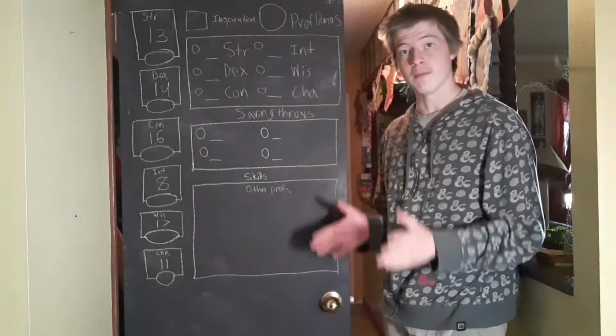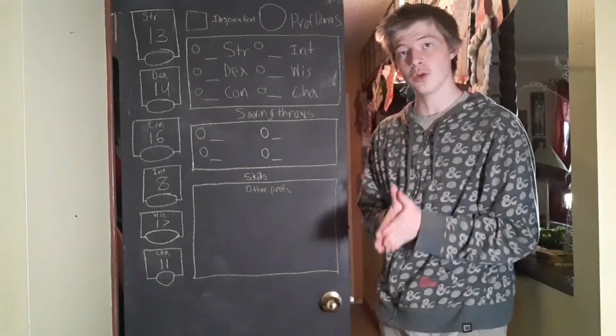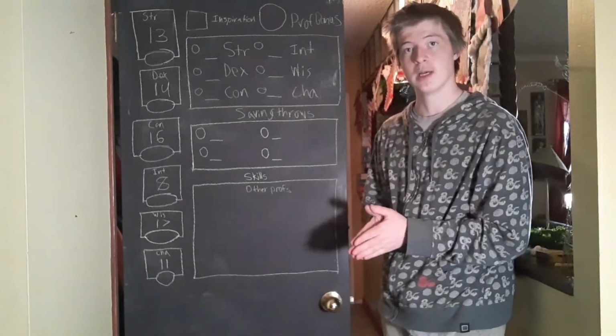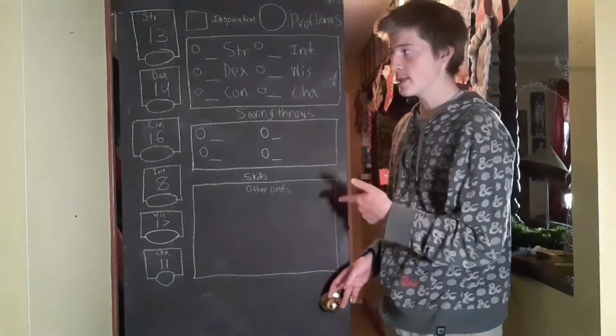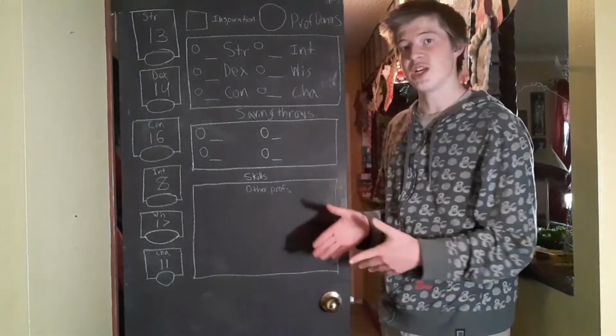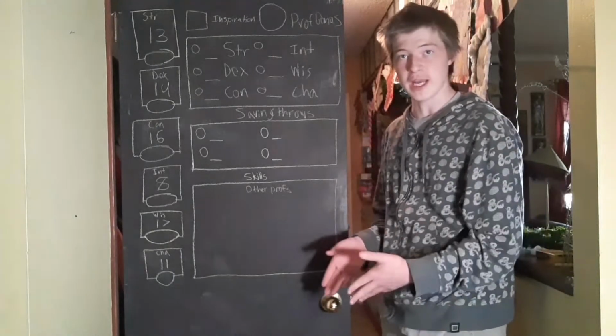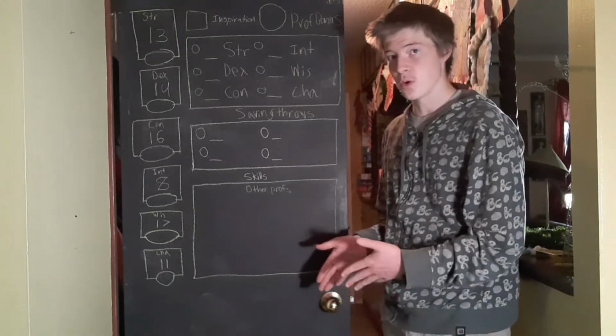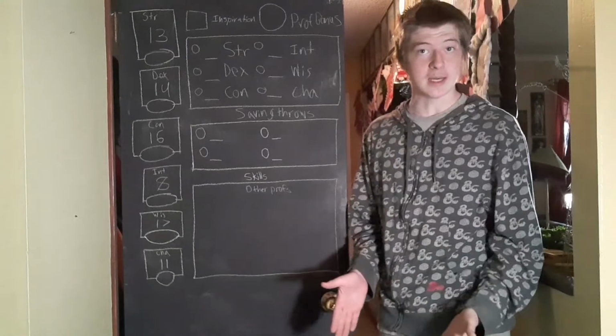Now, I want to point out, rolling dice is not the only way to calculate your scores. There's two other methods. Dice is nice because it has randomness. While you have the chance of rolling abysmal scores like 3, you also have the chance of rolling amazing scores like 18.